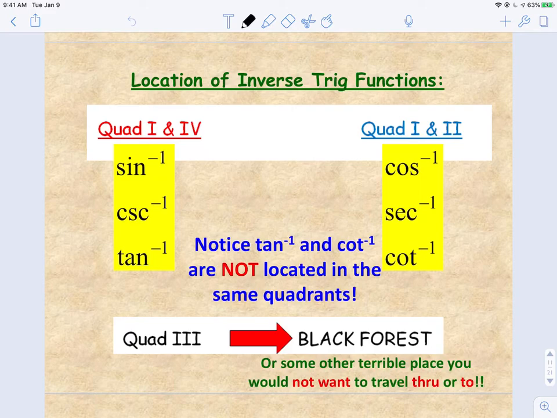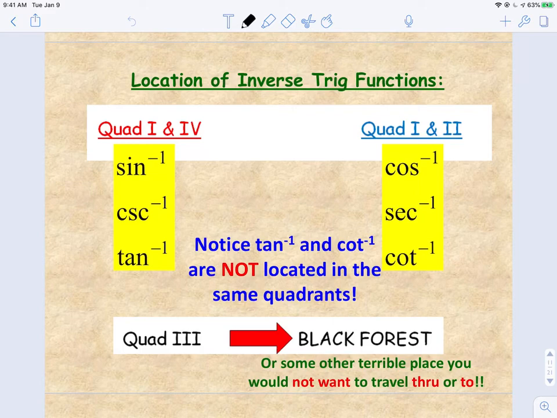So anytime you are asked to find the inverse solution for sine, cosecant, or tangent, you will only be looking in quadrants 1 and 4. Then the inverses of cosine, secant, and cotangent are limited to quadrants 1 and 2.